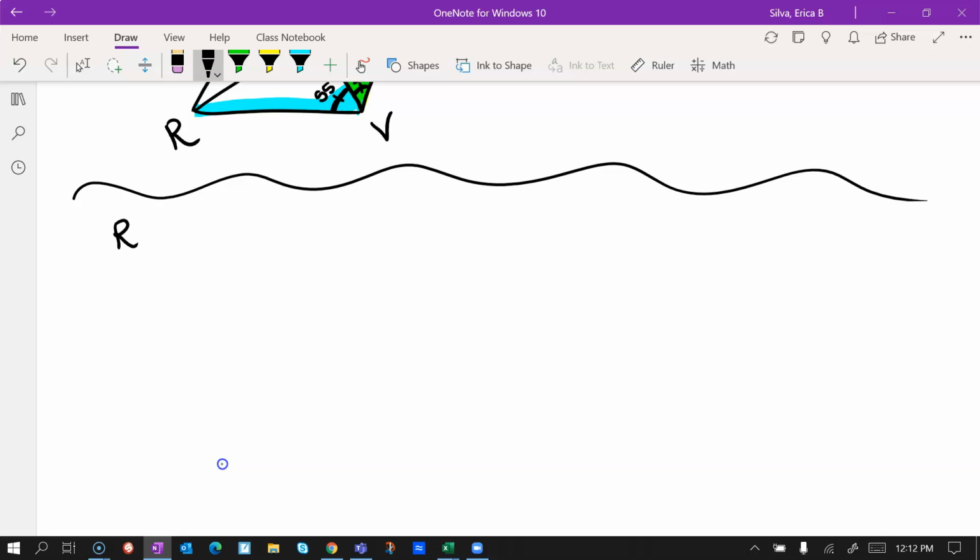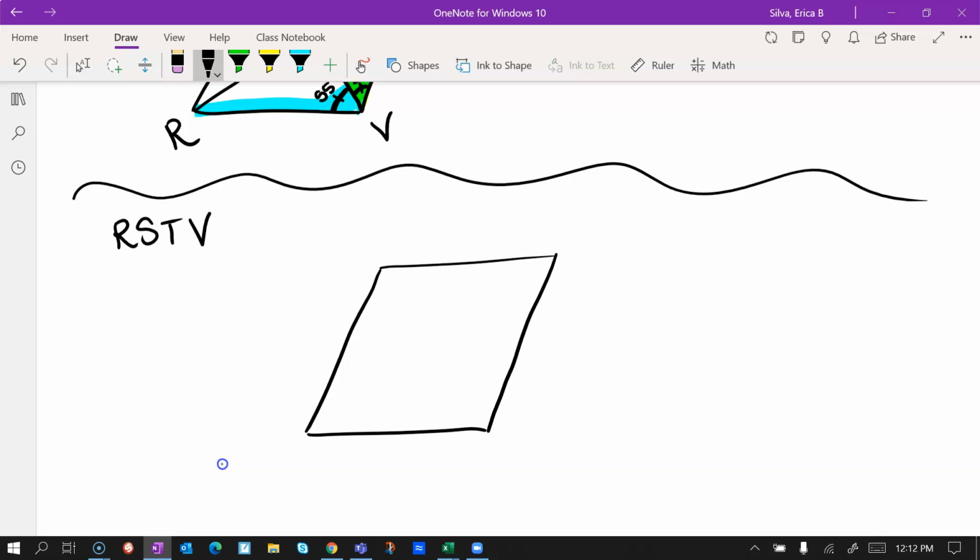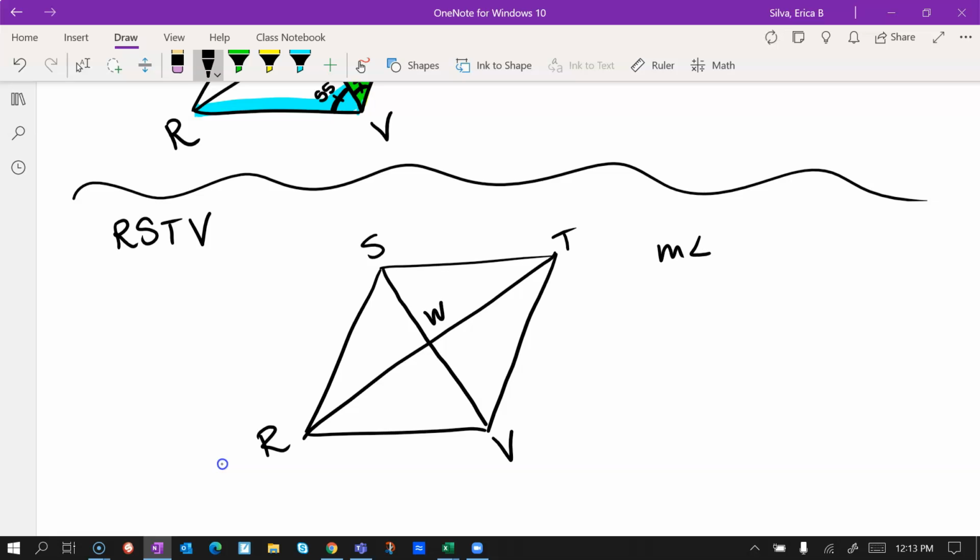We have rhombus RSTV again, and the diagonal intersects at W, giving us the measurement of angle RST is 68 degrees. So R, go to S, then T. So we're looking at this whole thing is 68 degrees.